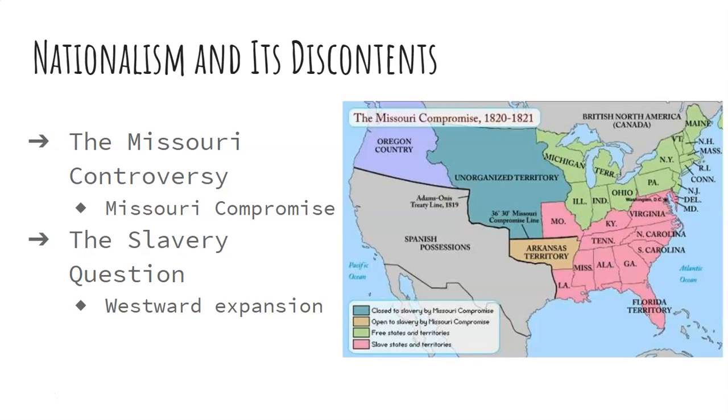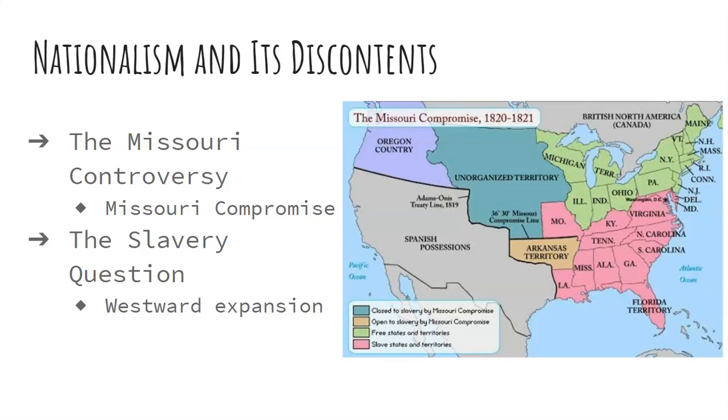Plenty of bad feelings were around, and in the absence of two-party competition, politics often organized themselves along lines of competing sectional interests. This really was exemplified in the Missouri controversy, because in 1819, Congress considered a request from Missouri to enter the Union as a slave state.